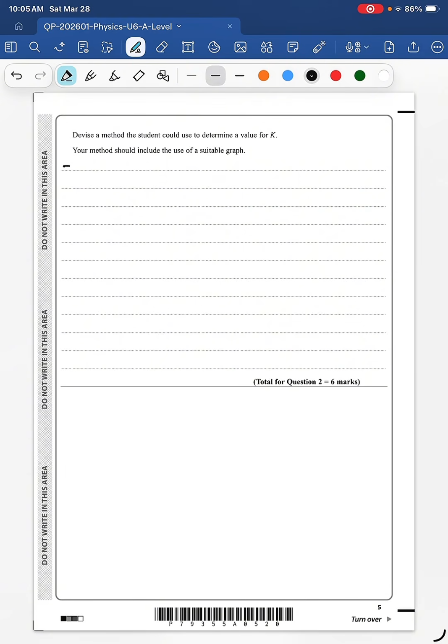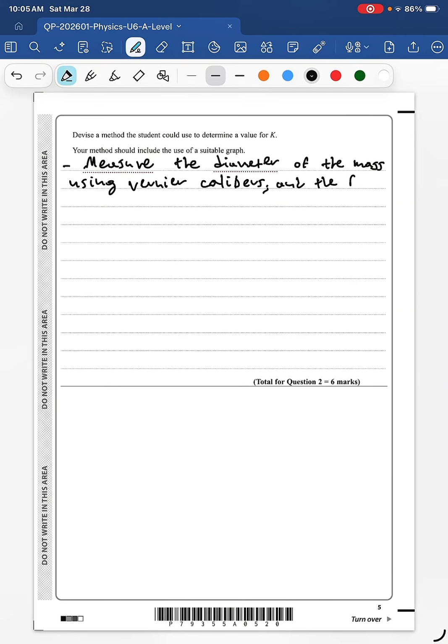So first of all, she has to measure the diameter of the mass using vernier calipers, and then find r, the radius.